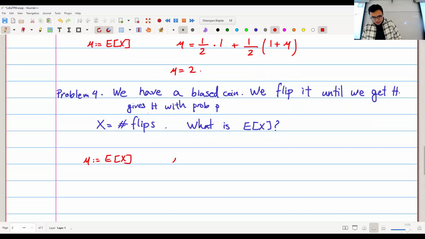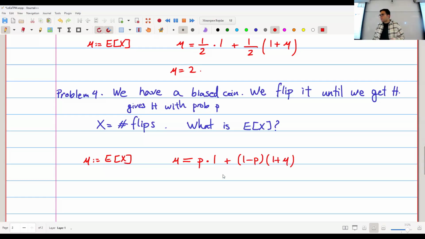I write the recurrence. So what is mu? I first flip the coin, and with probability P, I'm going to get heads. So with probability P, I will have only 1 flip. But then with probability 1 minus P, I'm going to have how many flips? 1 plus mu, right?